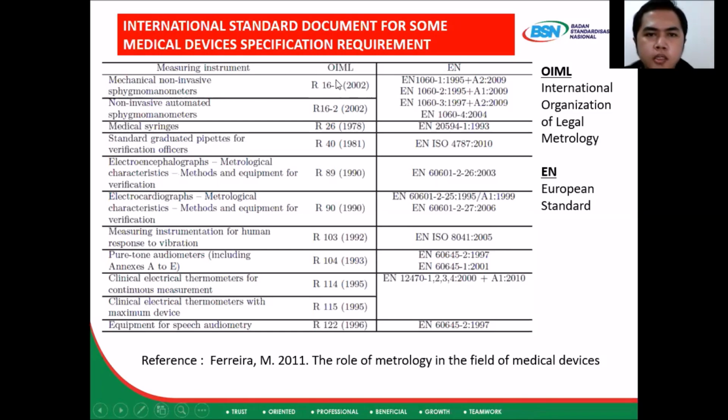They already have the standards, so we can refer to this document for the testing method. And there is also the EN, the European standard, here.